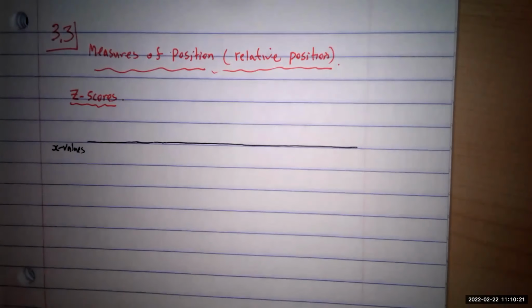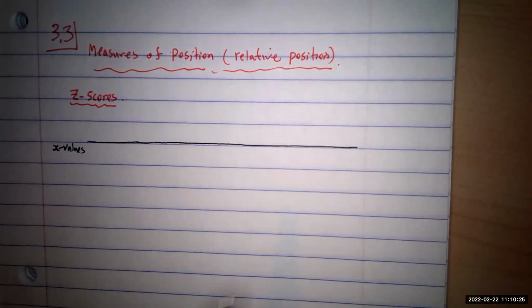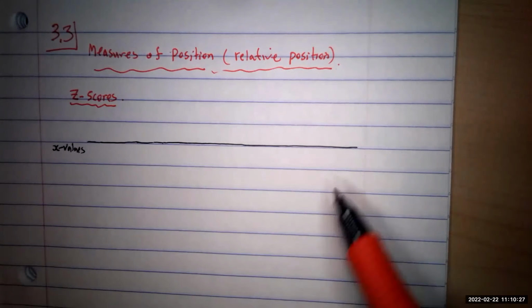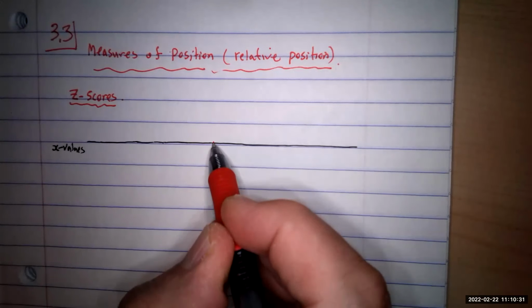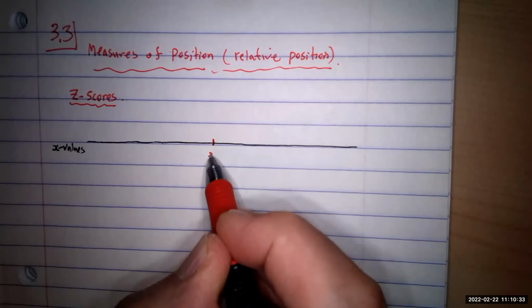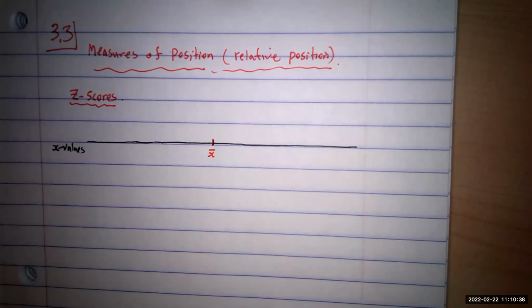That's going to be the x, we call it the x value or the x variable. We put our values over here on the number line. There is going to be a center. You know that center. It is going to be x bar. That's going to be our center.